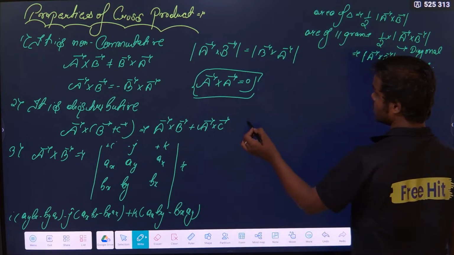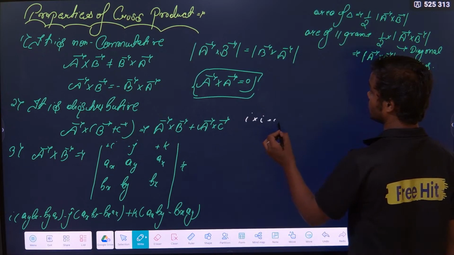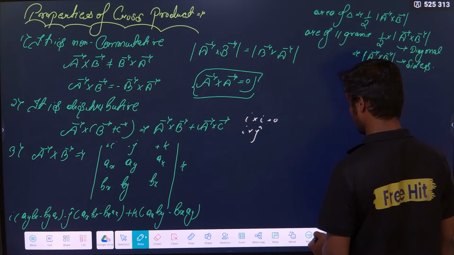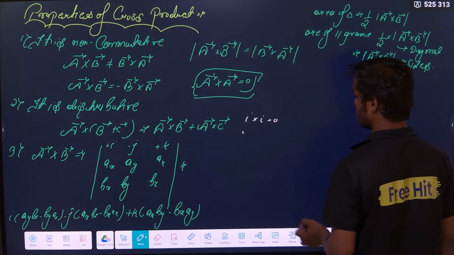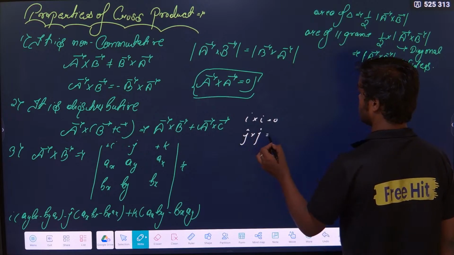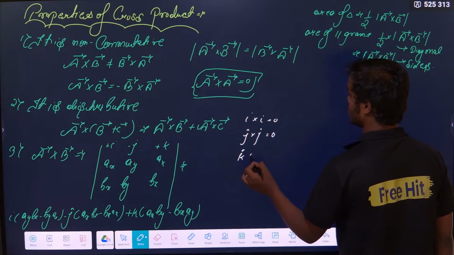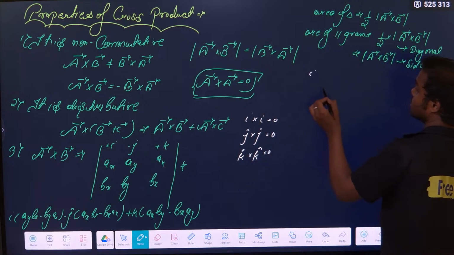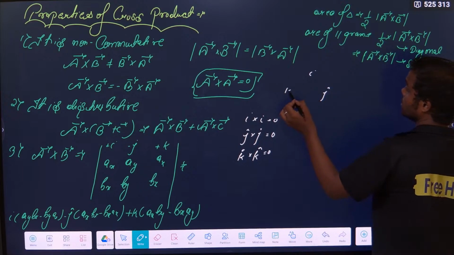One important thing, remember that I cross I is 0, J cross J is 0, K cross K is 0. Now you have to remember one cycle, I, J, K, and you have to remember this order.